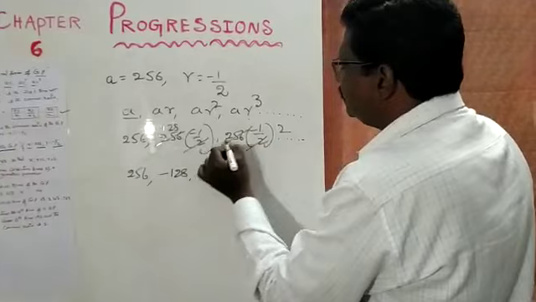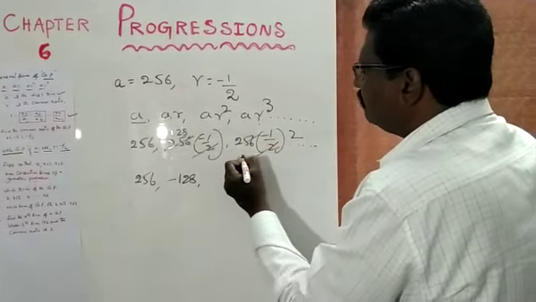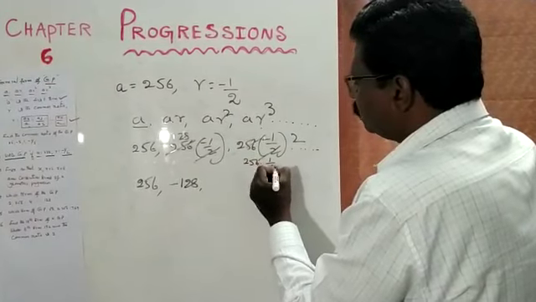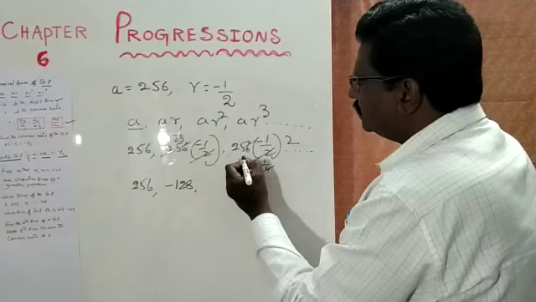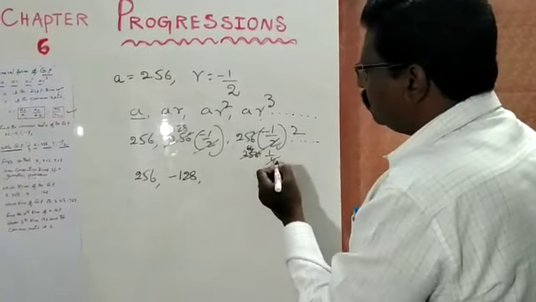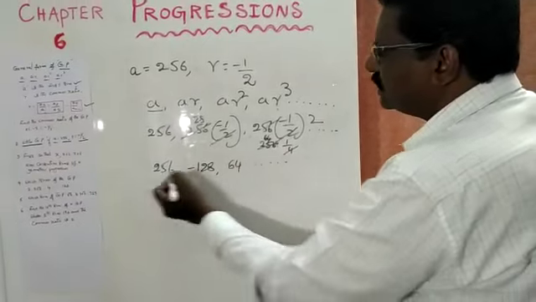Minus 1 by 2 whole square means 1 by 4. Cancelling with 4, 4 sixes are 24, 4 fours are 16, so 64. And so on. So this is the geometric progression.